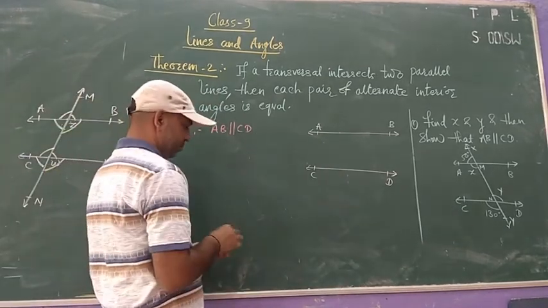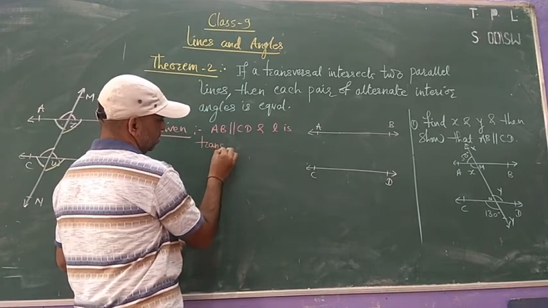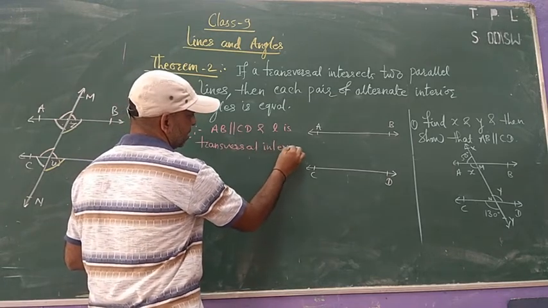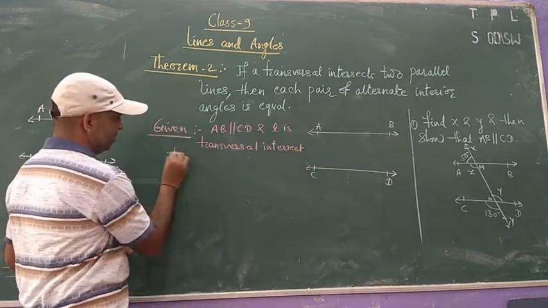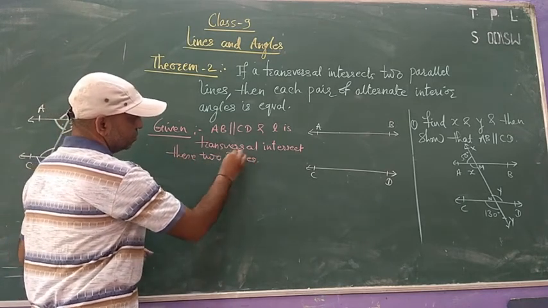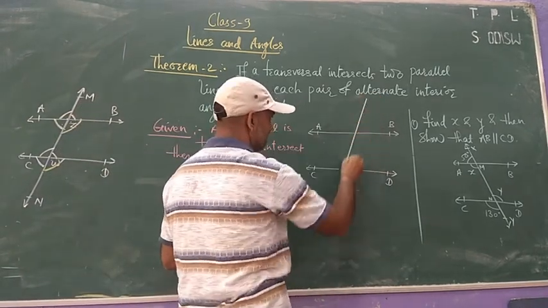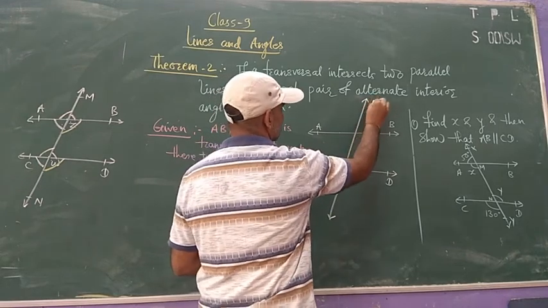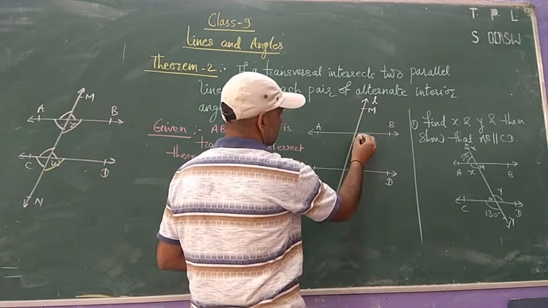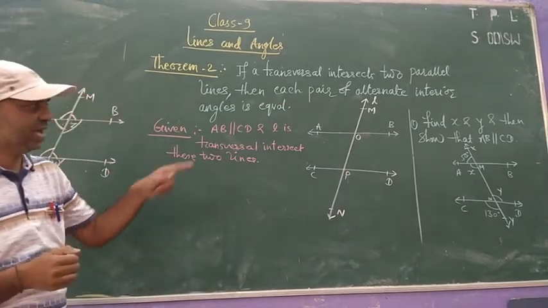Okay, and here is a transversal that intersects these two lines. Suppose here is the transversal like this, OP, which intersects AB and CD.